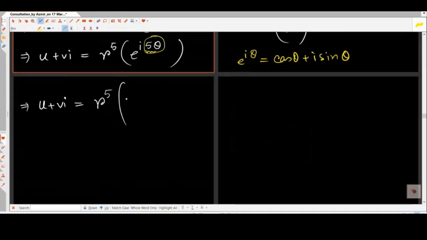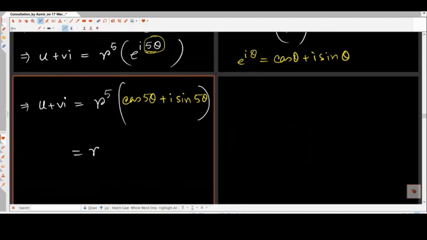That means we can write cosine 5 theta plus i sine 5 theta. So we can easily simplify now: r to the power 5 cosine 5 theta plus i r to the power 5 sine 5 theta. So this is equal to u plus vi.